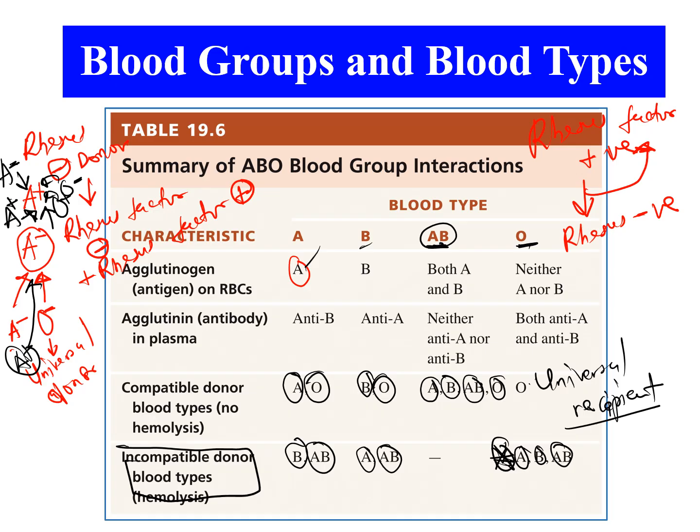I've just used it to explain that it cannot receive from A, B, or AB. It can give to all of these but not receive from them. It just has to receive from O itself. So those are the principles that guide blood transfusion in simple terms.